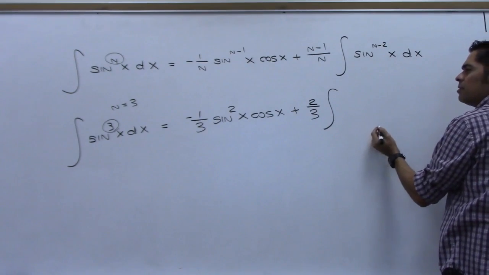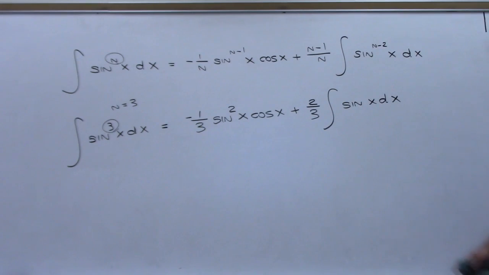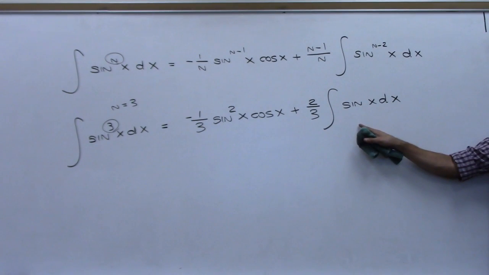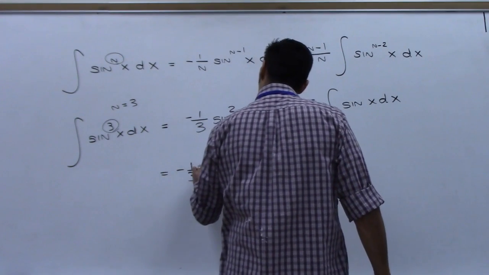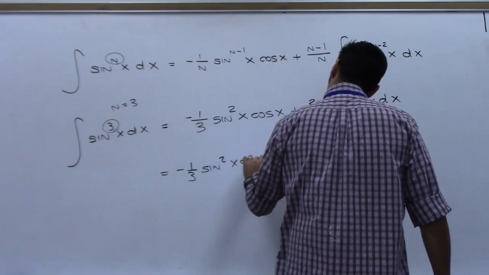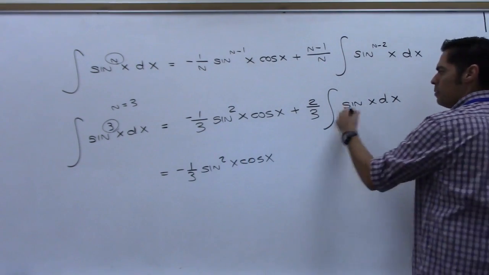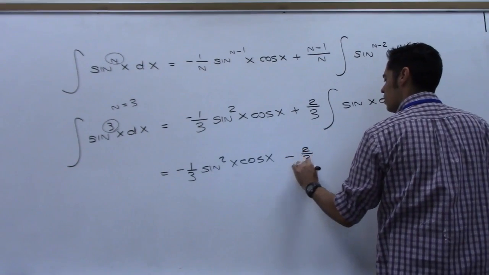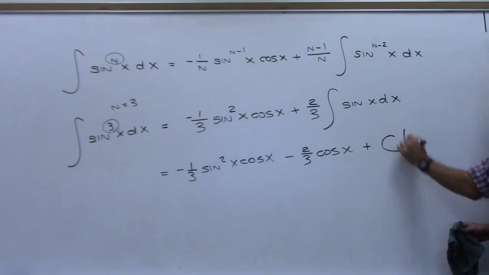So what's n minus 2? Sine x dx. Do you know the antiderivative of sine? Negative cosine, right? So this just becomes negative 1/3 sine squared x cosine x plus, actually it's going to be minus, won't it? Yes, because I'll pull the negative out. Negative 2/3 cosine x plus c. And that would be the answer, wouldn't it?